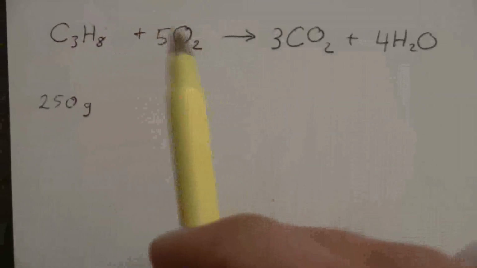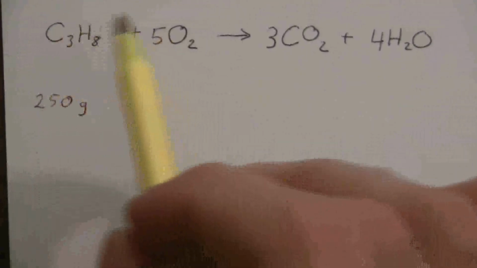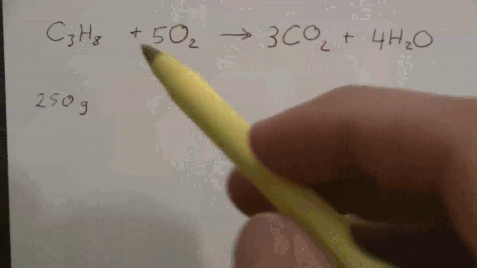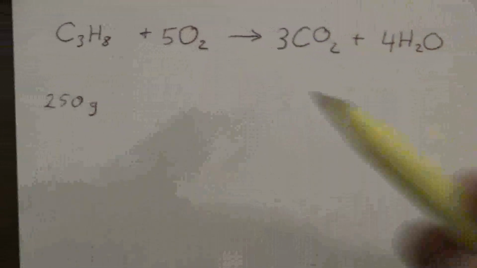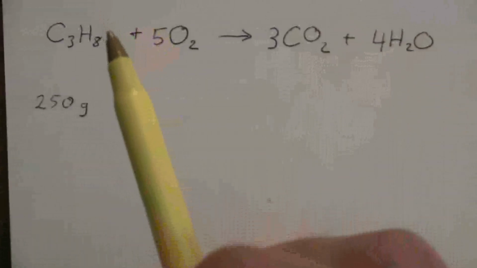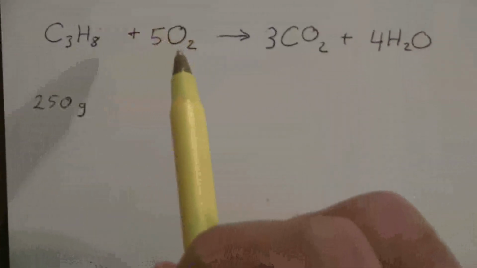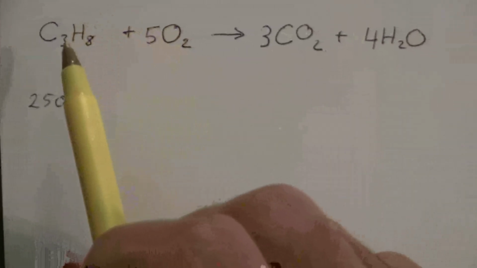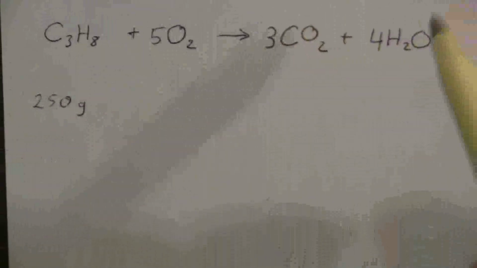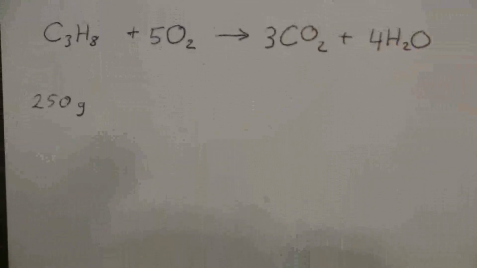So this tells us how many molecules of each type are either being reacted if it's part of the reactants, or will be produced if it's part of the products. Okay, so 5 molecules of oxygen react with 1 molecule of propane to produce 3 molecules of carbon dioxide and 4 molecules of water.